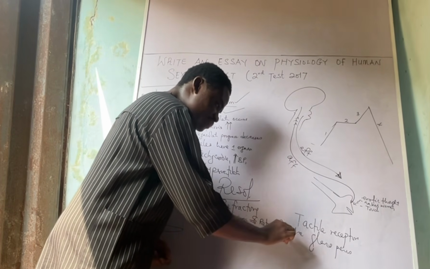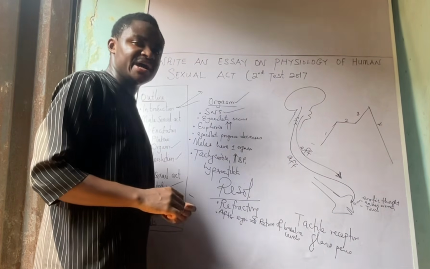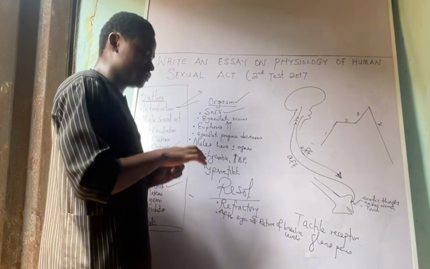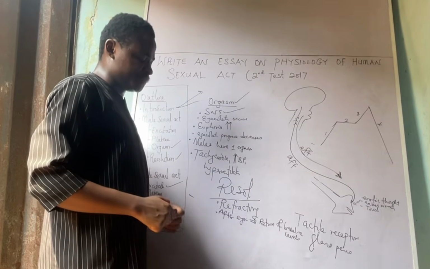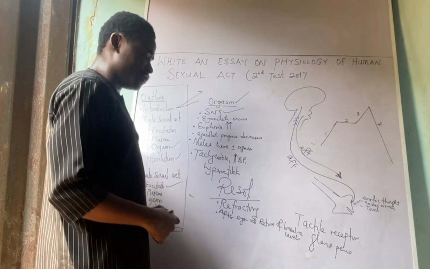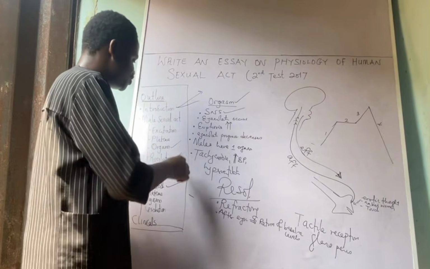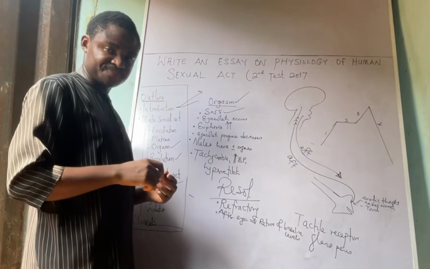By baseline levels, we mean that the penis no longer erects and things become normal as when this whole sexual act had not begun. So refractory is after the ejaculation and just before the return of baseline levels. Okay? So that's what I want you to write here.